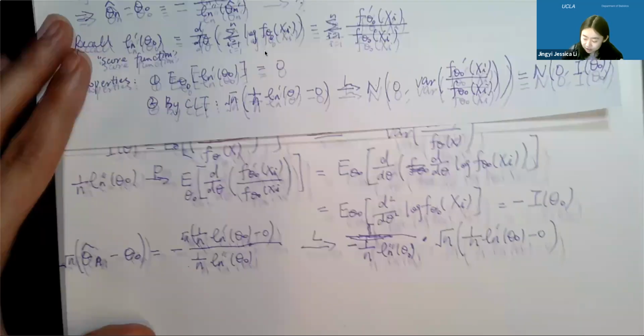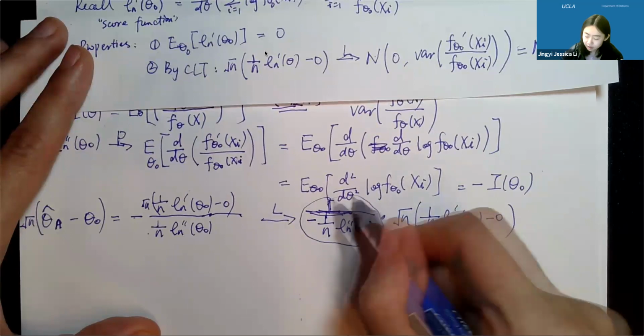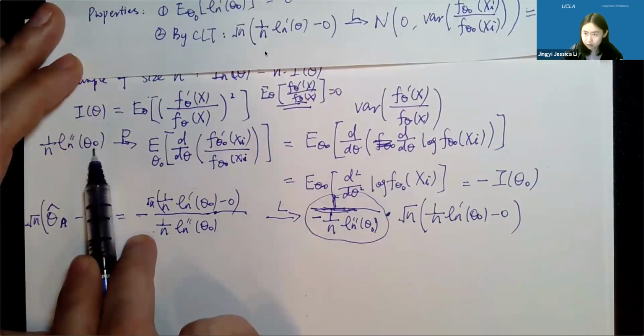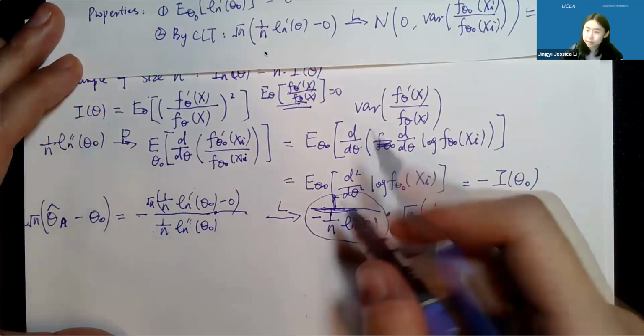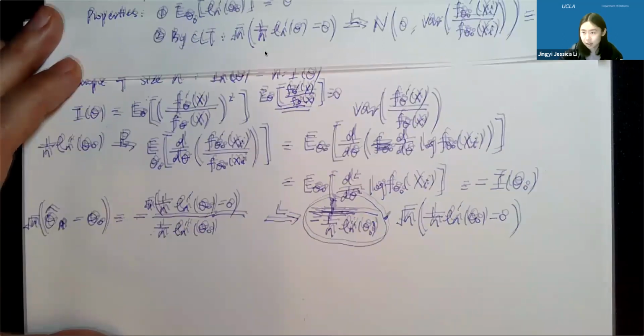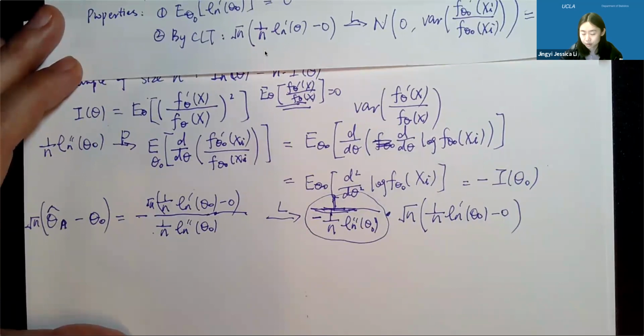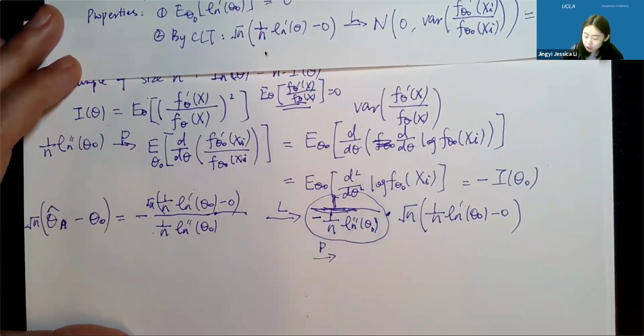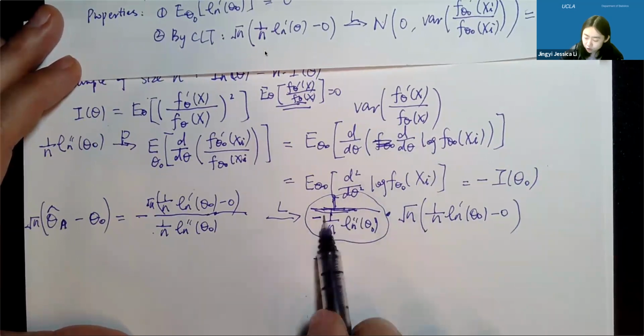What I just said is that this term, from this and also the continuous mapping theorem, which is basically the first statement of Slutsky applied in the convergence in probability version, converges in probability to 1 over the limit.